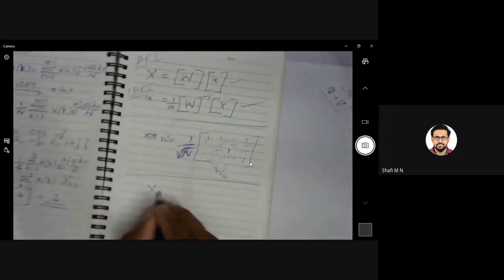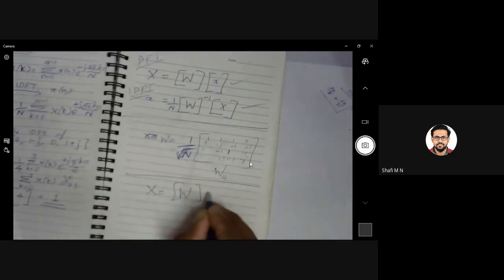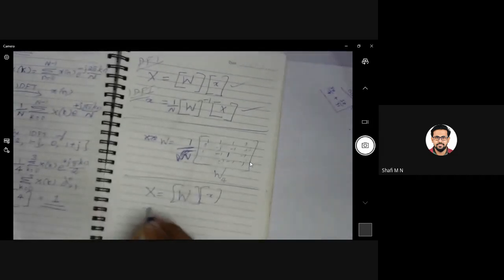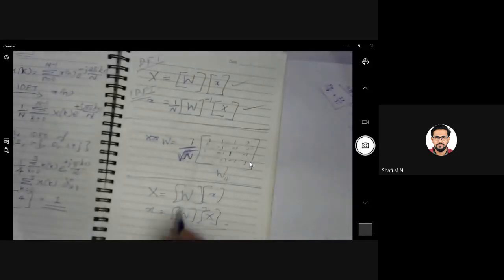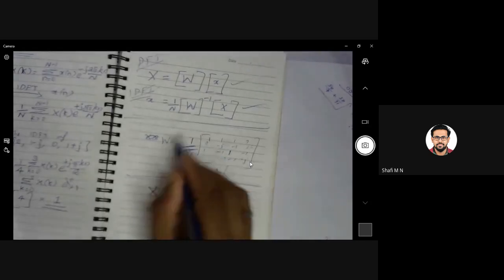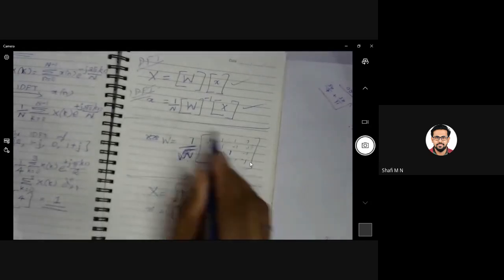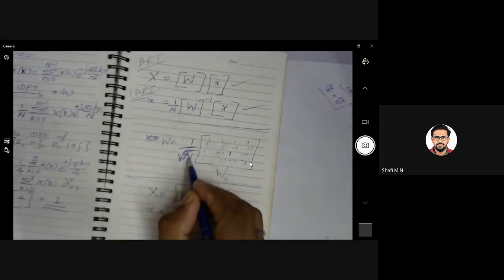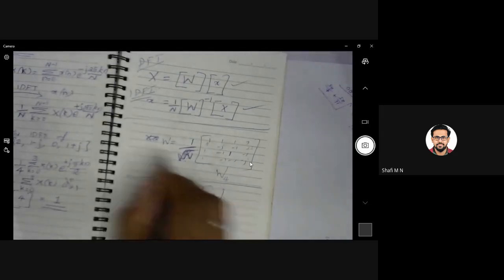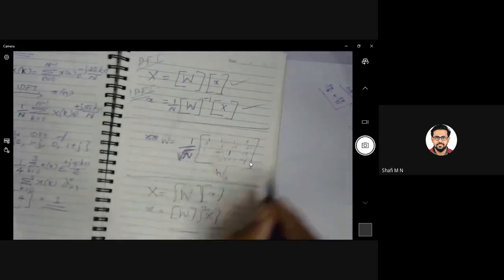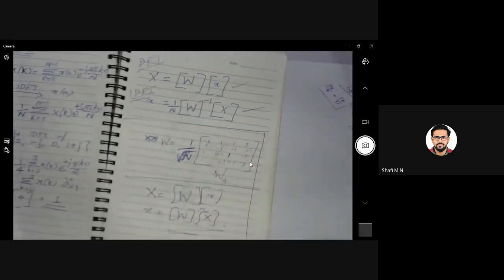Then capital X equal to W x and small x equal to W inverse capital X. This will be perfectly correct if you modify the W matrix like this, with 1 by root N. That's why many authors might have followed this format. No need to worry about that.